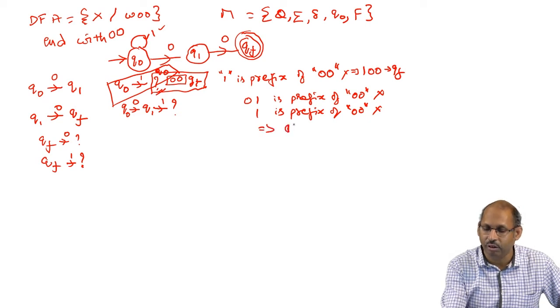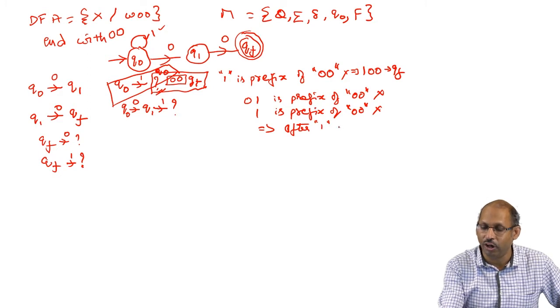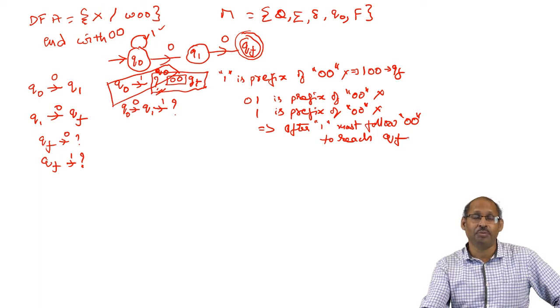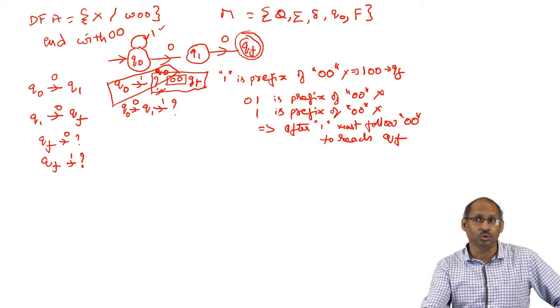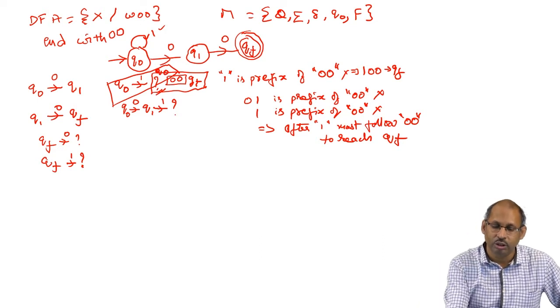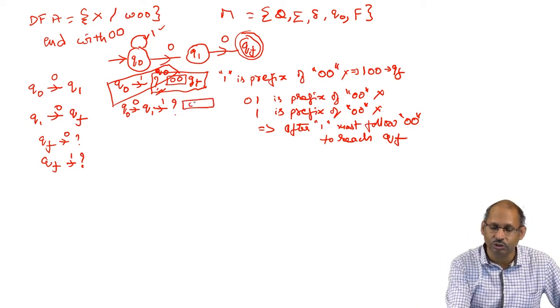After 1, it must follow two zeros to reach QF, the final state. So here we need 2 zeros to reach the final state.